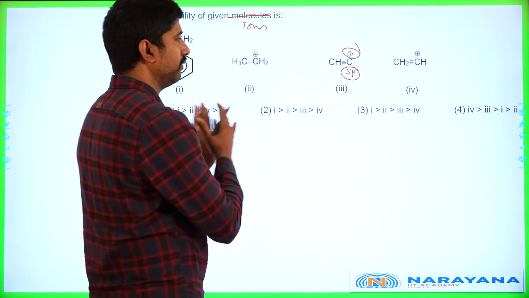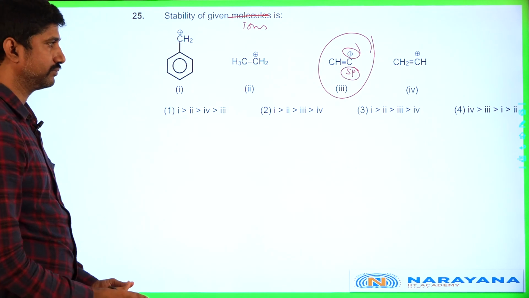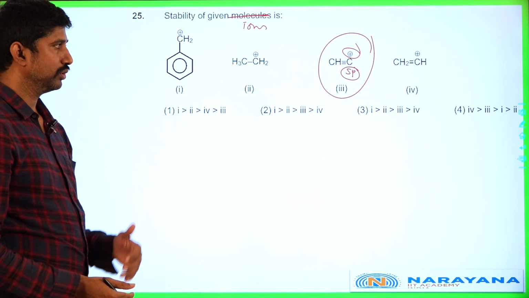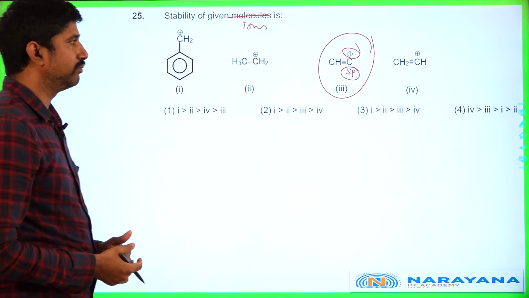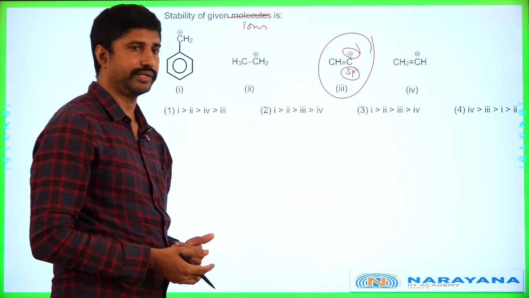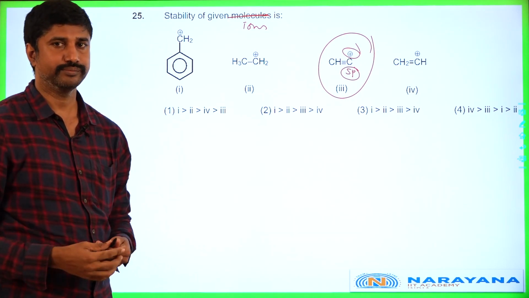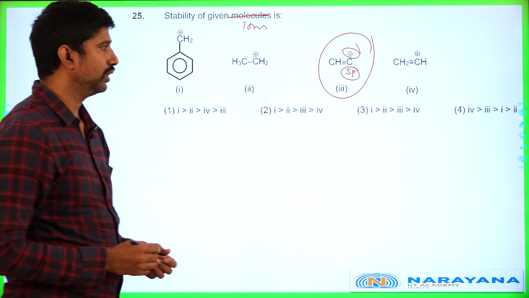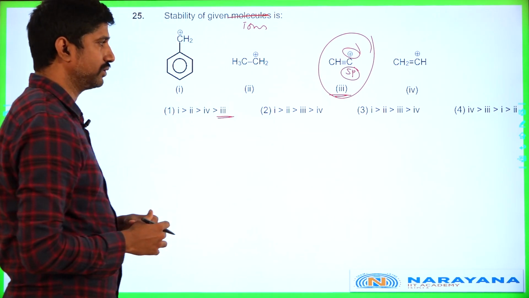So among the four structures given, the third one is least stable. If there is conjugation, stability will be more, but here there is no conjugation and the carbon is more electronegative. A more electronegative atom bearing the negative charge is stable, while a more electronegative atom bearing the positive charge is unstable. So the third is least stable, and directly we can go for the first option.